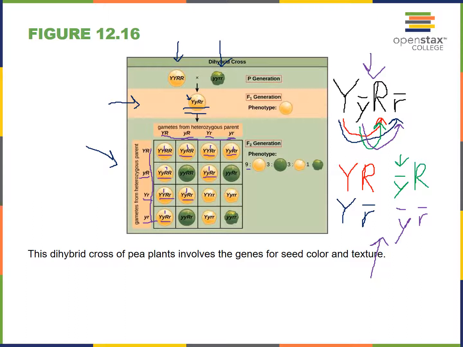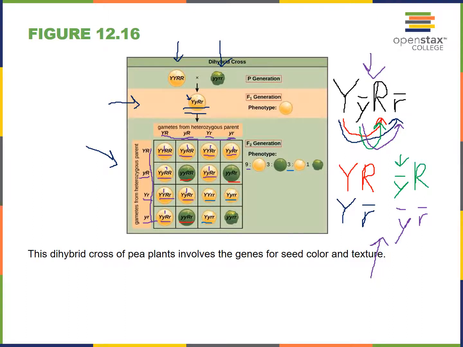And then this is yellow and wrinkled. That's yellow and wrinkled. That's yellow and wrinkled. So you have 3 yellow and wrinkled. This is green but round. This is green but round.